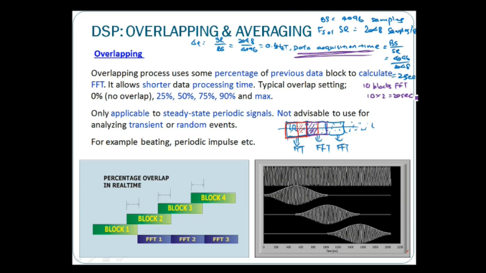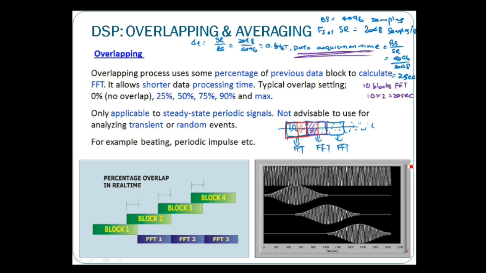So I need to highlight a little bit on how it works. These overlappings you have to use with precautions. If you get the first block finished, then you will perform FFT, right?